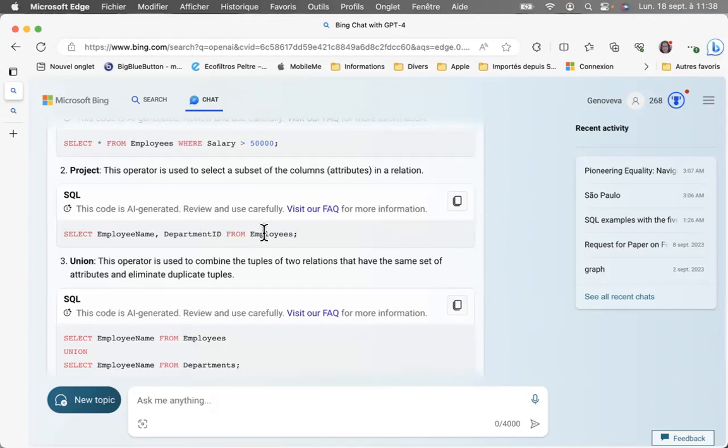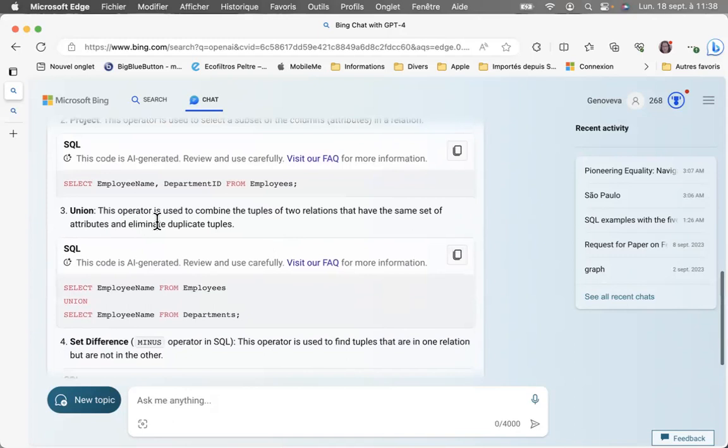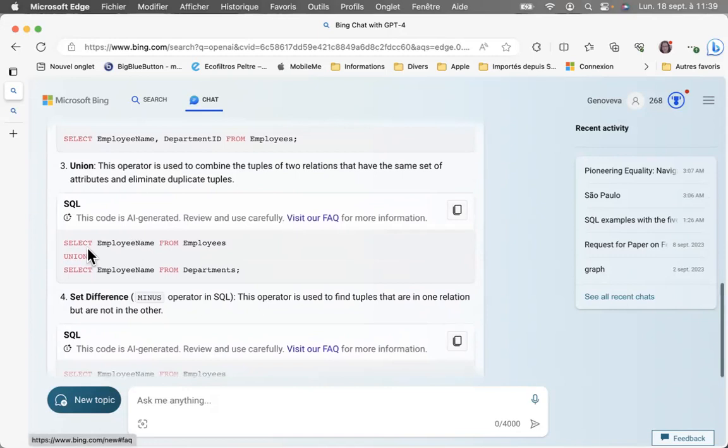We can perform the union in order to combine tuples from the 2 relations and then produce a new relation. For example, unite the names of the employees of the relation employees with the names of the employees working in specific departments.